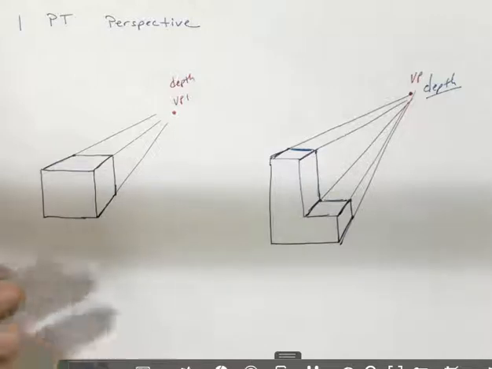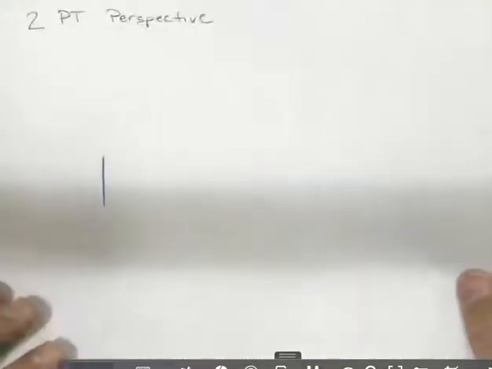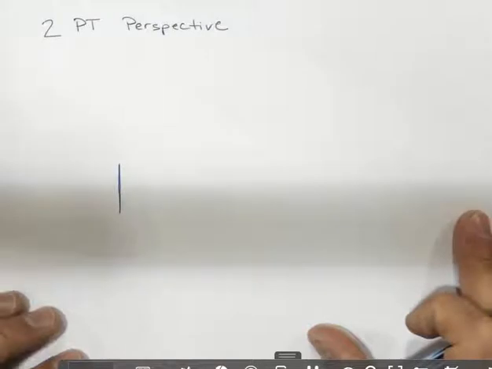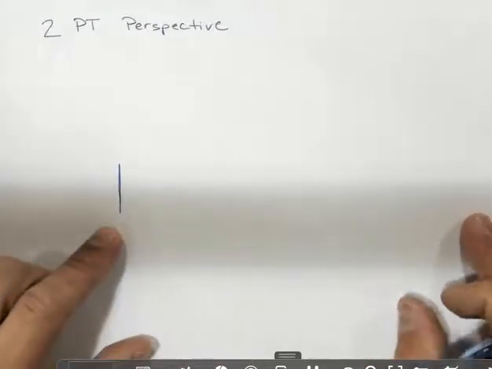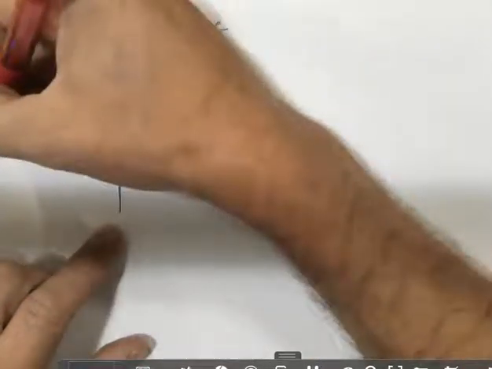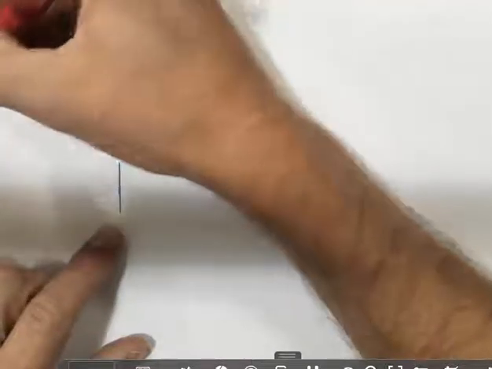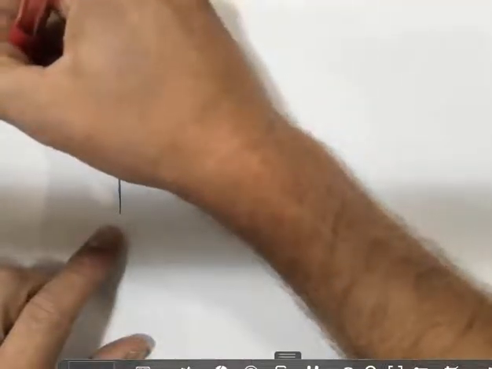Okay, a 2-point perspective, I'm going to do the same two shapes, but this time I need a vanishing point for the width. So I'm going to have a vanishing point here, and this one is going to guide my width edges.